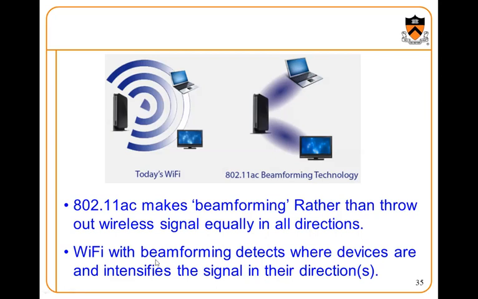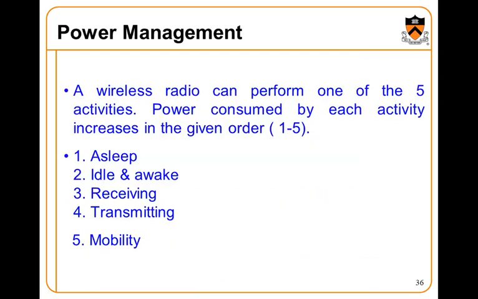Wi-Fi with beamforming detects where devices are and intensifies the signal in their direction. So that is very important to save energy as well as resources of other devices in our neighborhood. We should only engage those devices which are part of this communication process.